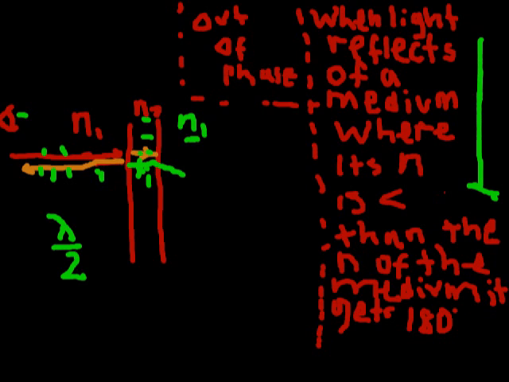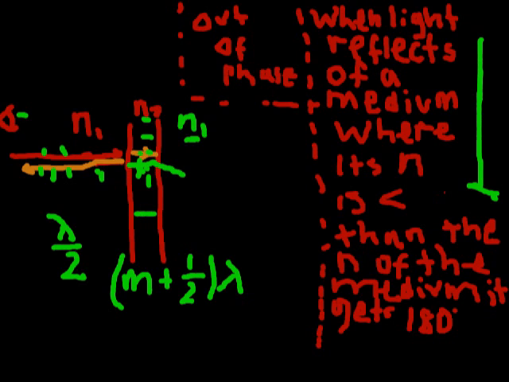Mathematically this could be written as m, whatever whole number, plus the half wavelength you add to it, would create this constructive interference. And as we know, what's the path length?